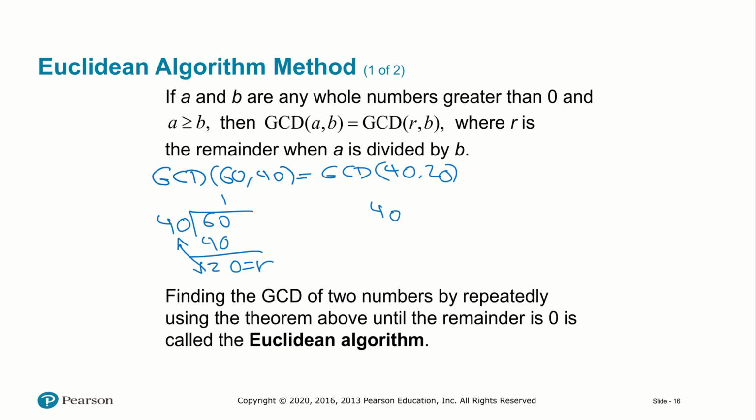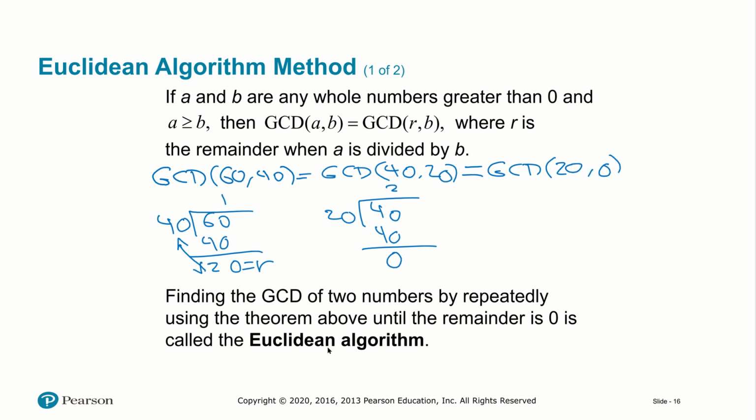So if I do that, I get 2 this time, and notice 0 remainder. Now, in fact, this procedure ends once you hit that 0, because now you're going to say this is equal to the GCD of 20 and 0.